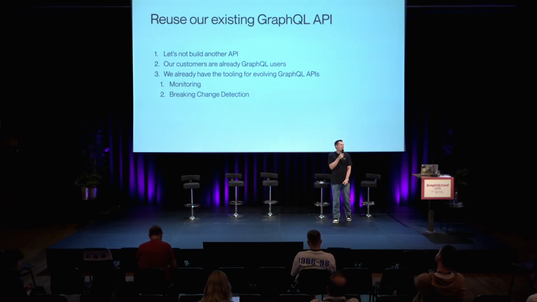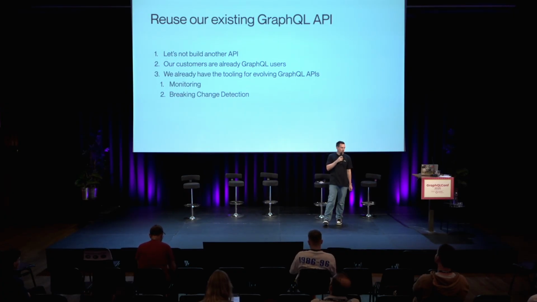So we very quickly decided that we actually want to reuse our existing GraphQL API for doing that. For several reasons, we have a not very small, but quite small team, and just now building another API and then having to maintain both our internal GraphQL schema and another schema just felt like something we did not really want to do. We were using a GraphQL monolith, we were not using federation at that point.